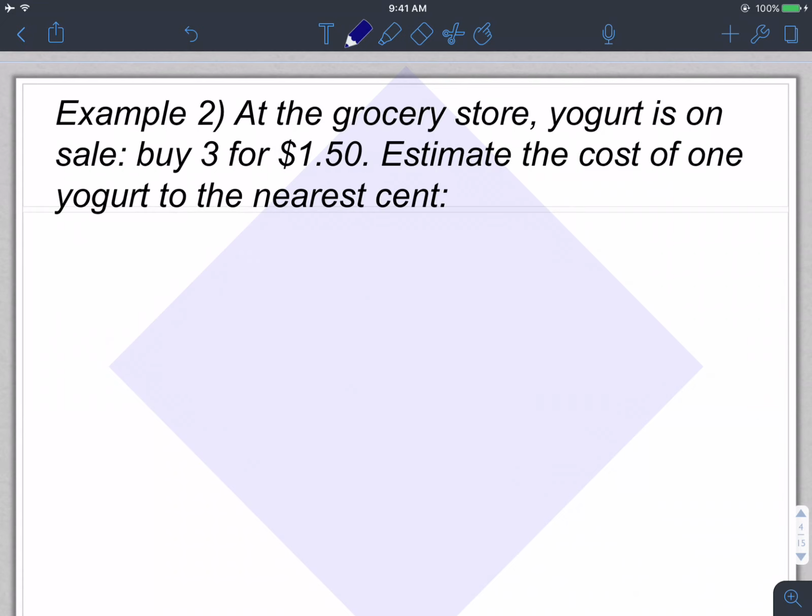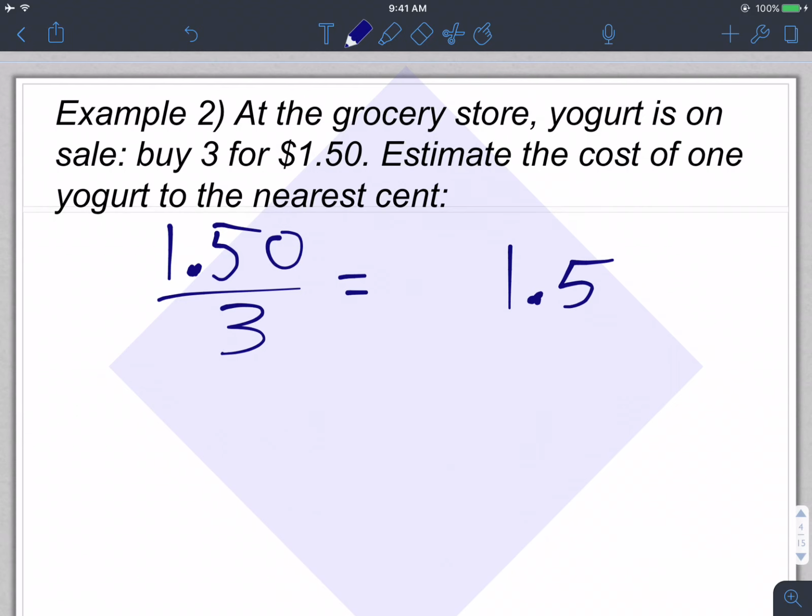If the total of the 3 yogurts is $1.50, and I want to know what each of them is, so it's like per unit. Whenever you see per unit, you would think divide. Okay? So let's do 1.5 divided by 3. Remember that the denominator is always what the divisor is.